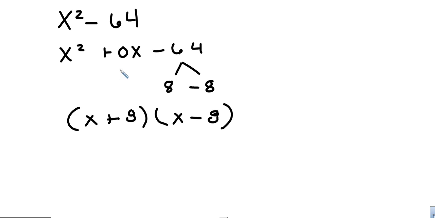All right, what if a is not equal to 1? Well, we have several possibilities here. The first one being, what happens when a is equal to negative 1?